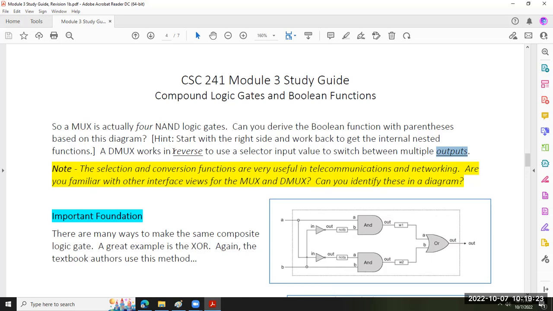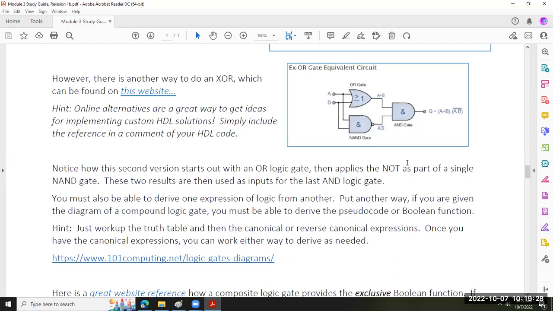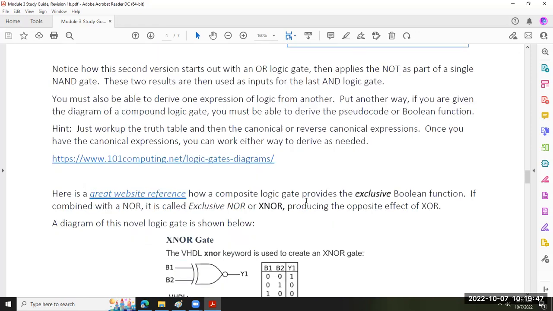Its function is similar. Remember that you can create XOR logic gates in a variety of ways, and there are occasions where using fewer components is desirable and using more components is desirable, depending on the context, right?